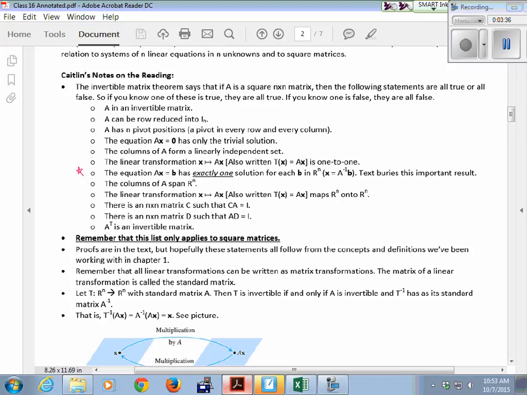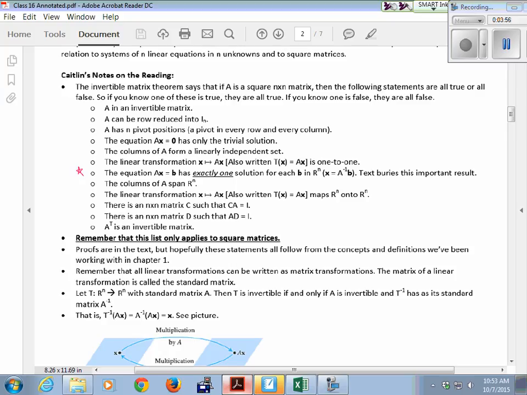Linear independence. If the equation Ax equals 0 has only the trivial solution, that's the definition of linear independence. And the way we identified linear independence was a pivot in every column.